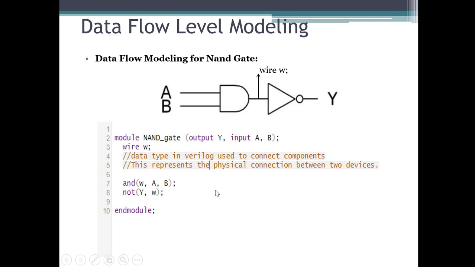Generally you declare one wire between these parts, and this wire represents a physical connection between these two hardware components. Then you simply perform the AND gate, then your NOT gate, and then end the module. This will be the coding for the NAND gate.